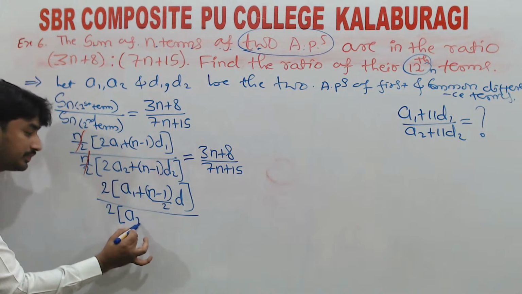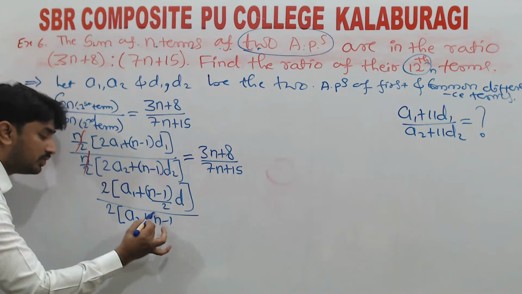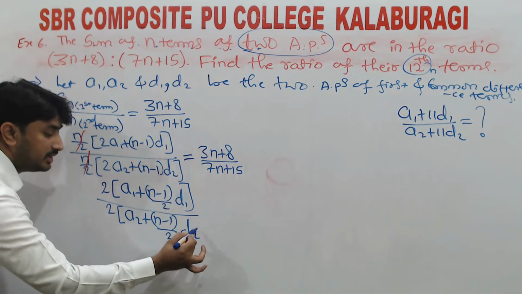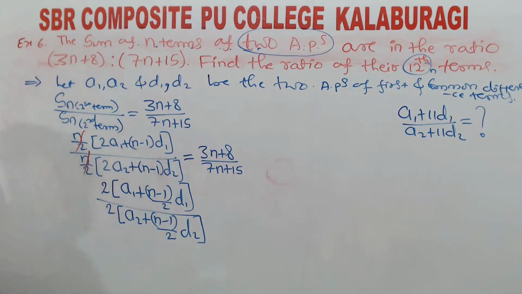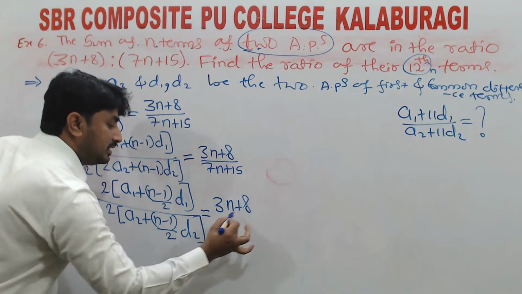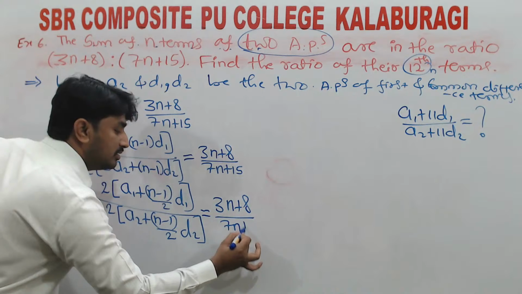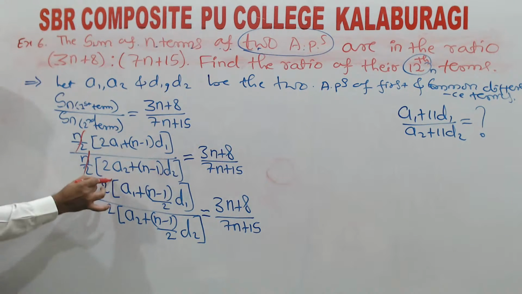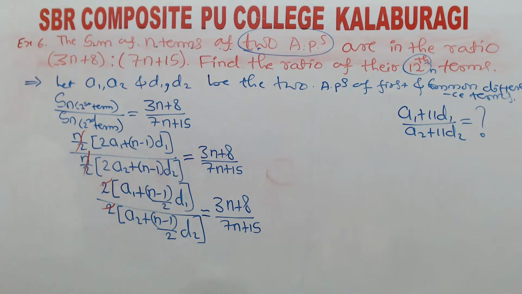So a2 plus n minus 1 divided by 2 into d2 is equal to the given term, 3n plus 8 divided by 7n plus 15. Again the 2 gets cancelled.